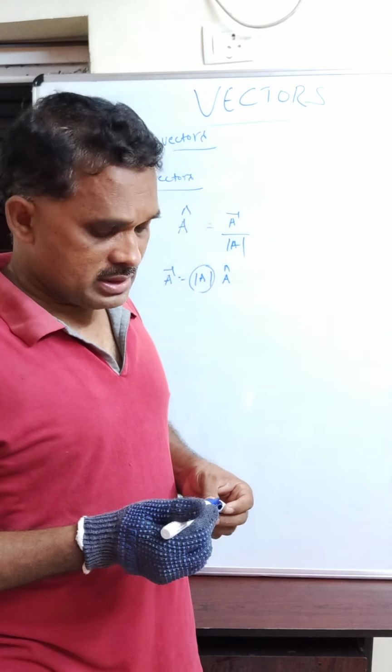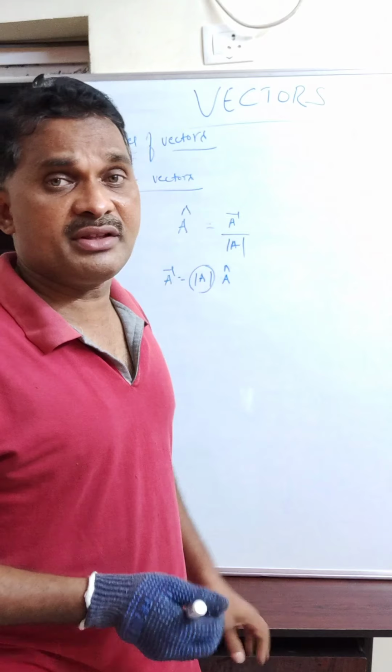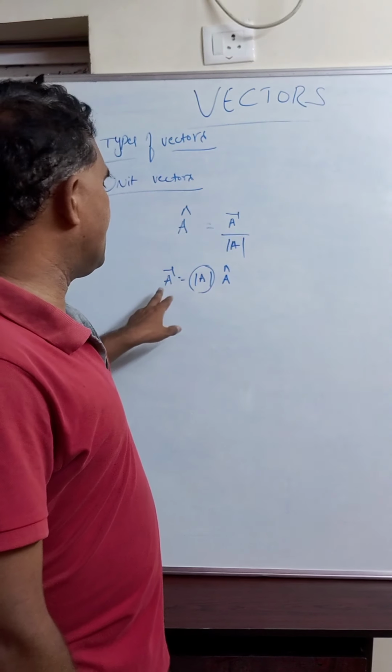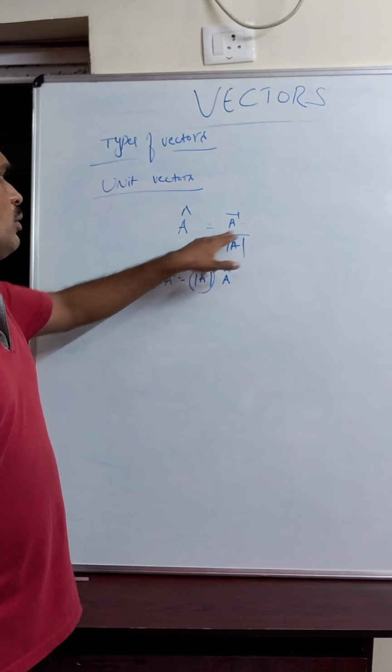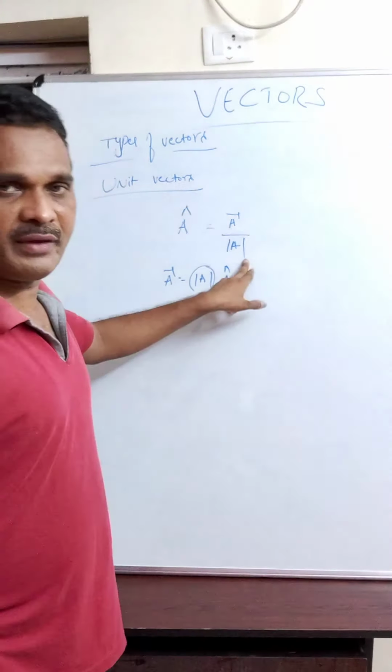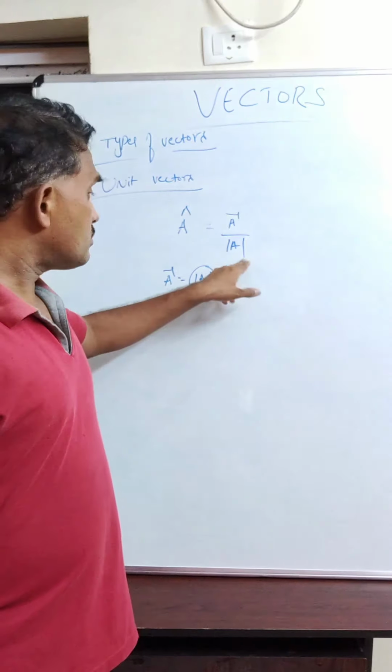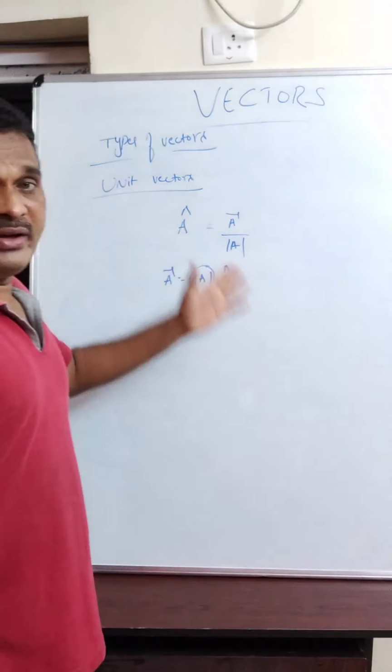Any scalar quantity multiplied with a unit vector gives a vector quantity. So this is the formula: A cap is equal to A bar by modulus of A. This is all about unit vectors.